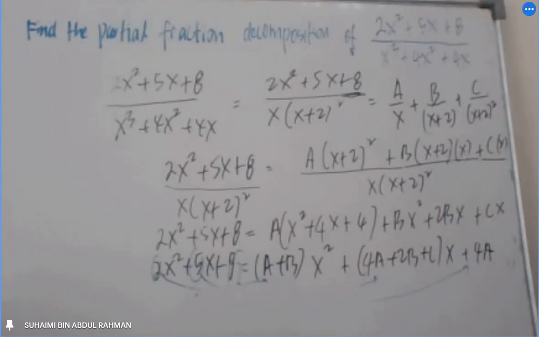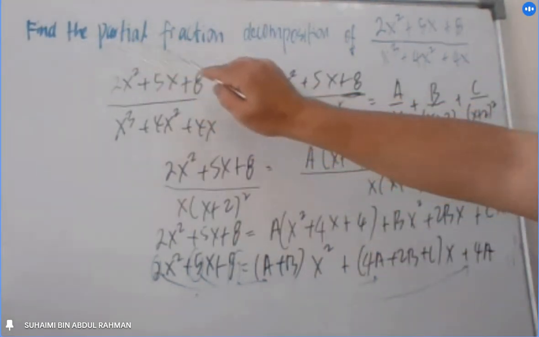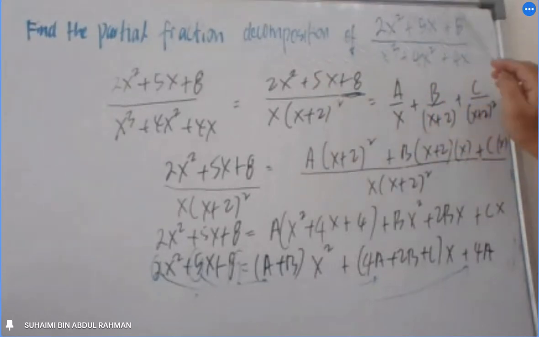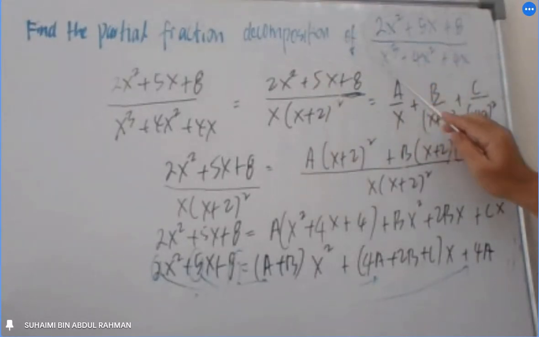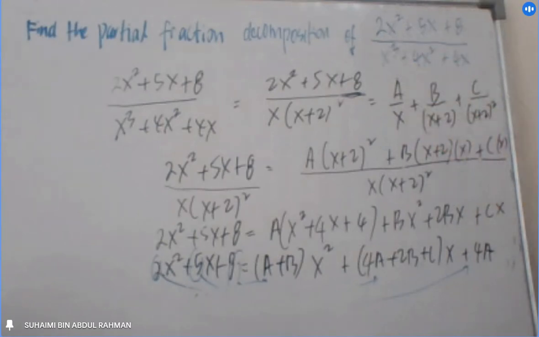So we continue with the partial fractions. Find the partial fractions decomposition of these rational functions. We want to find the partial fractions of these rational functions.